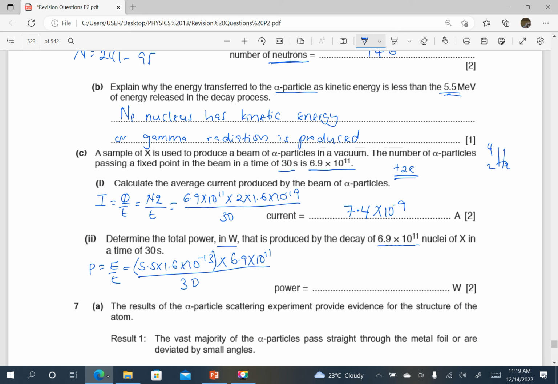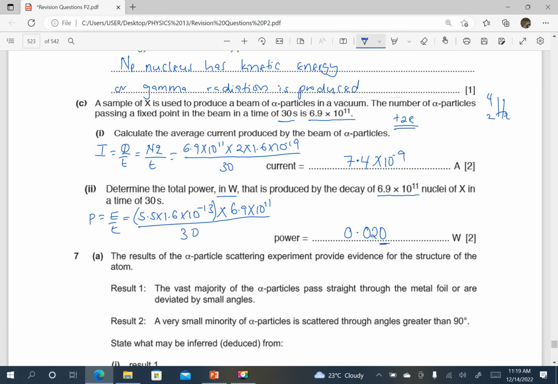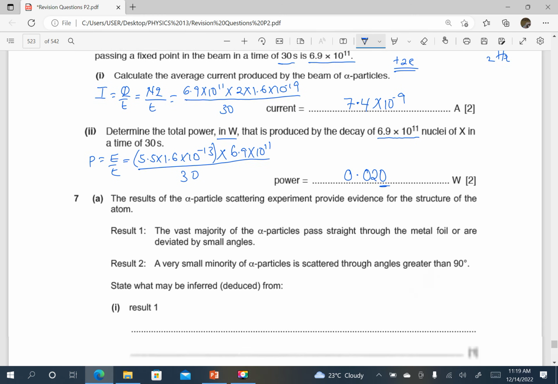From my calculator, I am getting 0.020. I add this 0 here because the answer is not exact. I desist from writing any answer which is not exact to less than 2 significant figures.